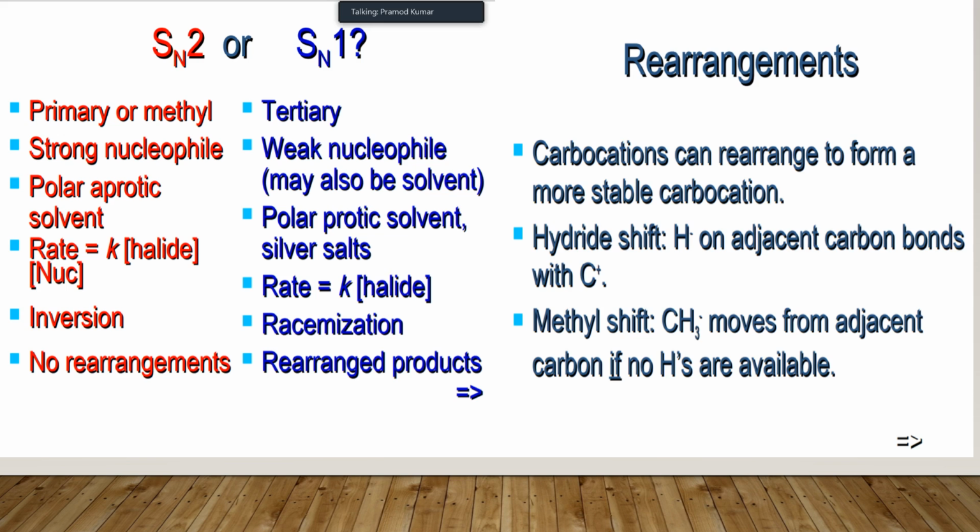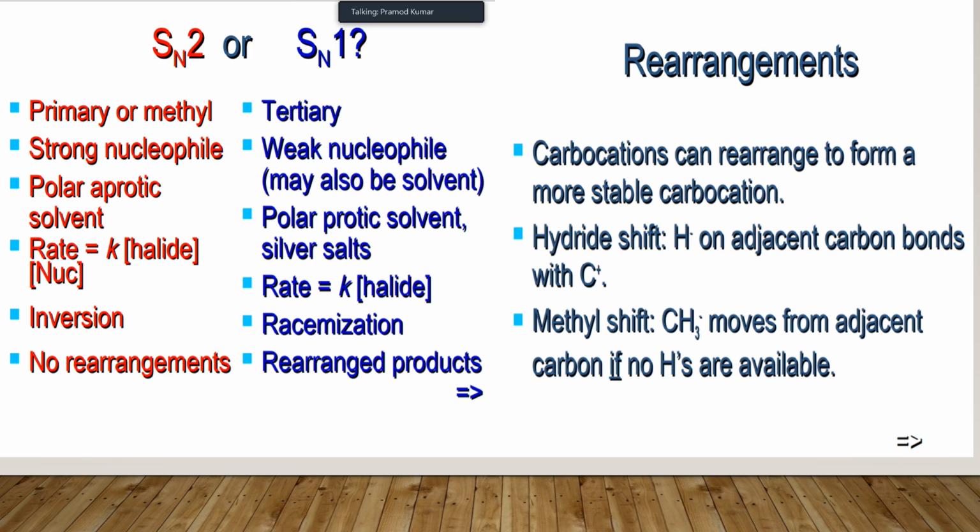In case of SN2 reaction, it requires a strong nucleophile, whereas in case of SN1 reaction, it requires a weak nucleophile, and the solvent may also act as a nucleophile. SN2 reaction takes place in presence of polar aprotic solvent, whereas SN1 reaction takes place in presence of polar protic solvent. The rate of reaction depends upon the concentration of both substrate as well as the nucleophile in SN2, whereas rate of reaction in case of SN1 reaction depends upon the concentration of the substrate only.